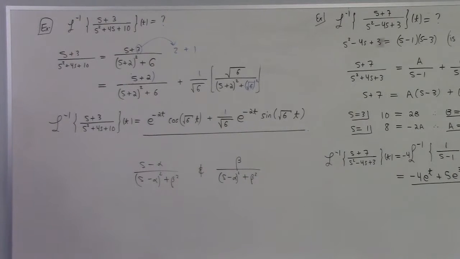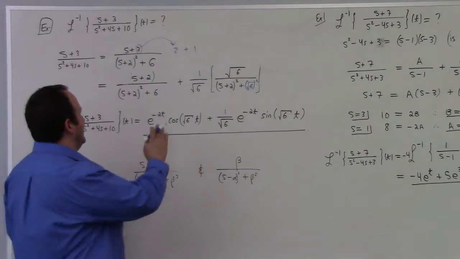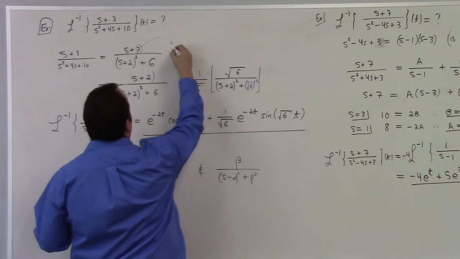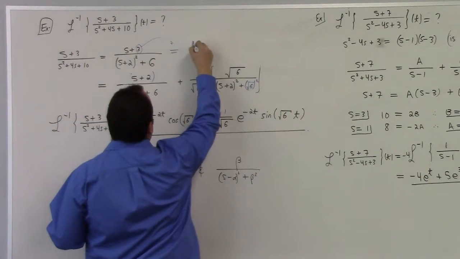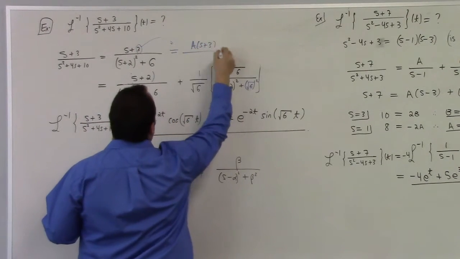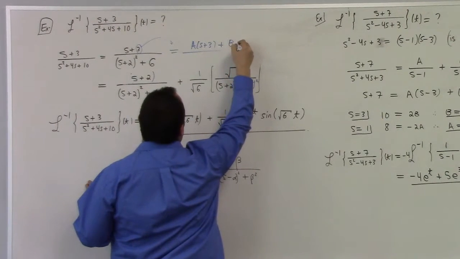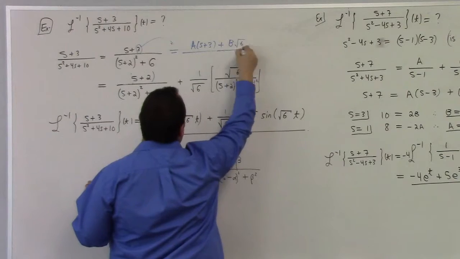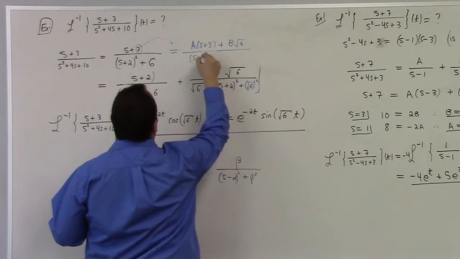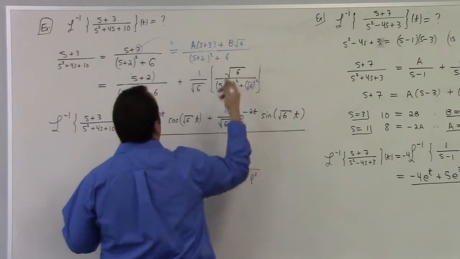Some people will teach students that you do a partial fractions decomposition here. Once you get to something like this, you say that this is equal to a times s plus 3 plus b times the square root of 6 or something like that over s plus 2 squared plus 6, and then they'll do algebra to work it out.